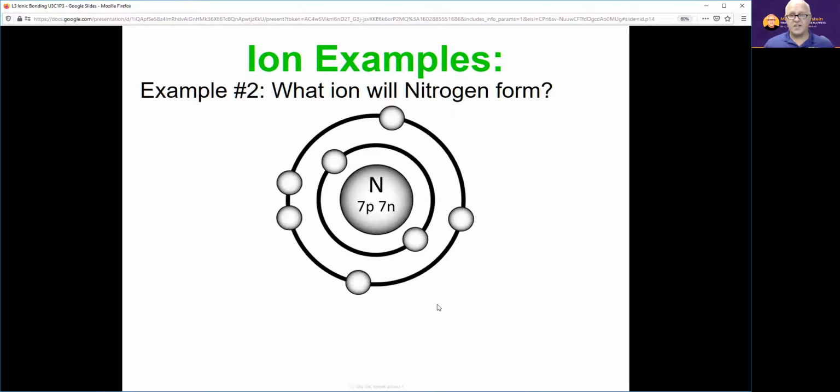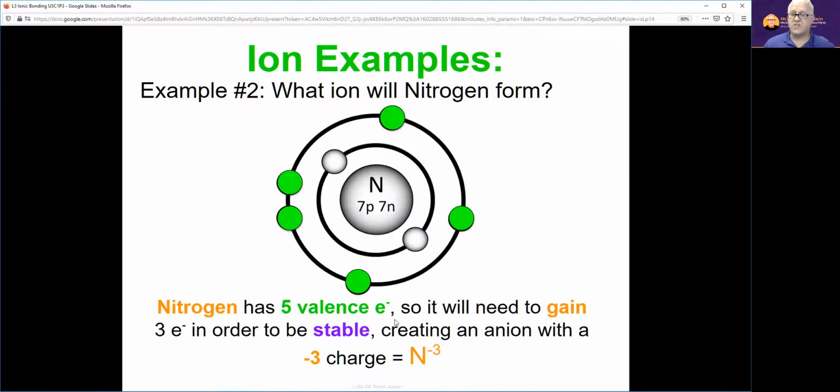Now, if we looked at nitrogen, what ion will nitrogen form? Again, nitrogen has 7 protons, which means it has 7 electrons. There are 2 electrons in the first energy level, and there are 5 in the second energy level. So it's going to need 3.